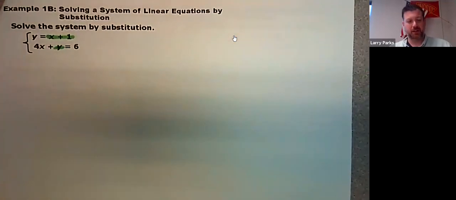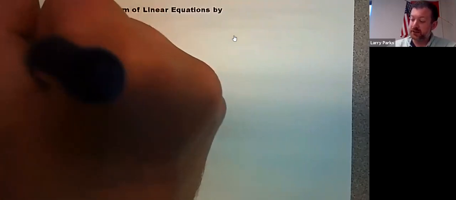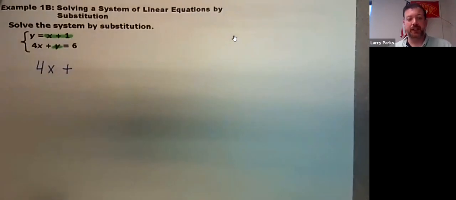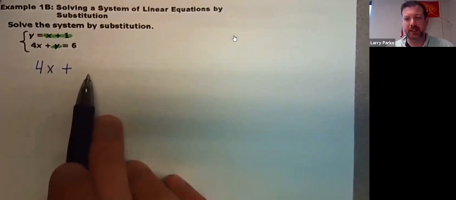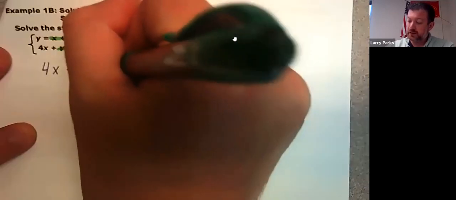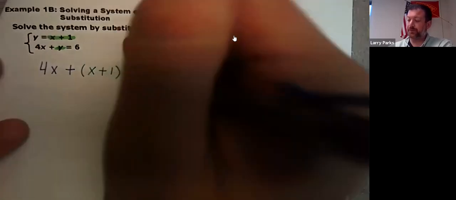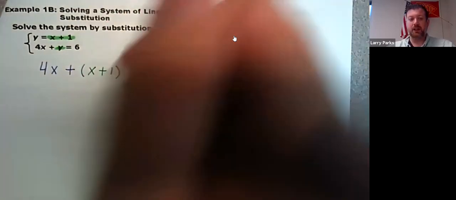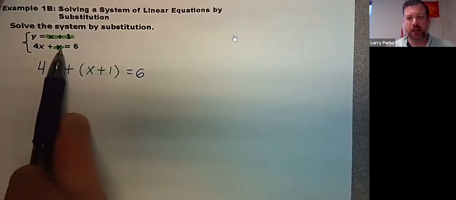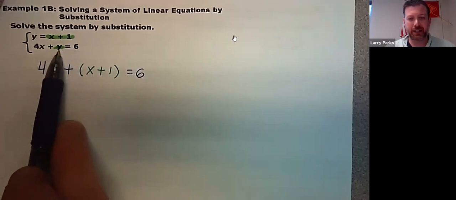So I could plug that right here. And I would get 4x plus, now be careful plugging in. Anytime you plug in, you should put it in parentheses. Notice all I did was I took this second equation, and instead of putting y, I put x plus 1 because y is x plus 1.